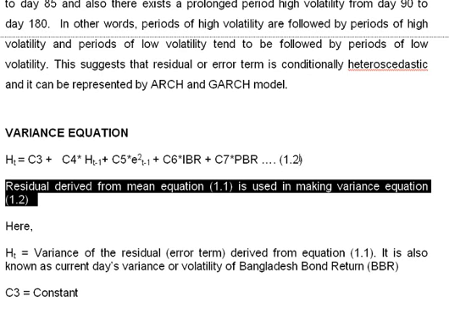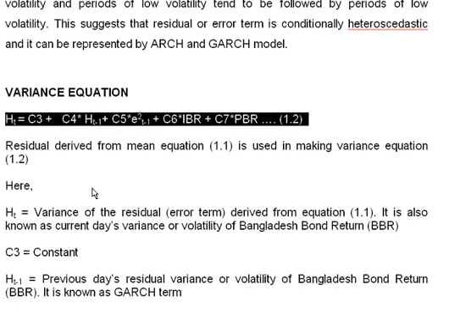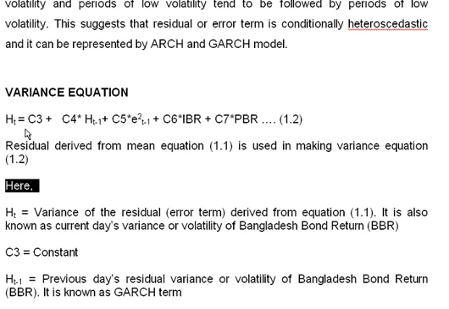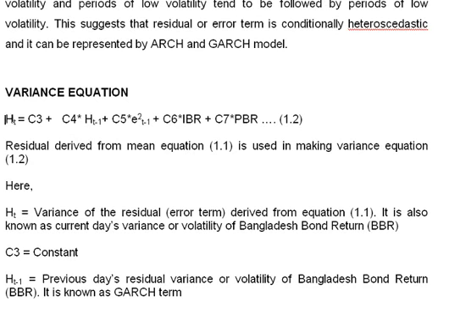Now here you can see these are all independent and HT is the dependent variable. What is HT? HT is the variance of the residual derived from equation 1.1.